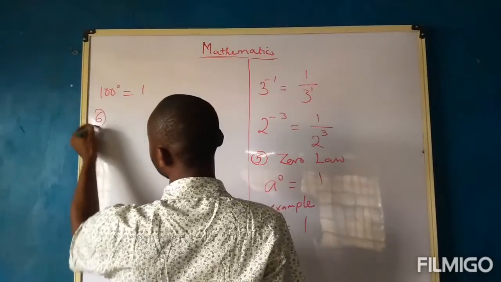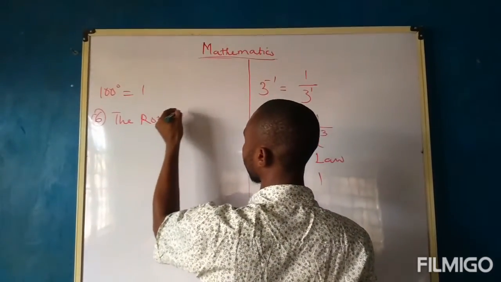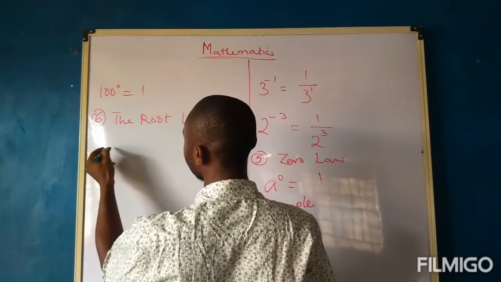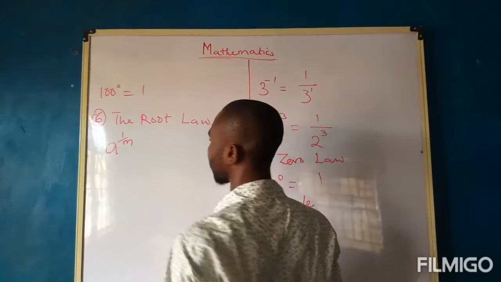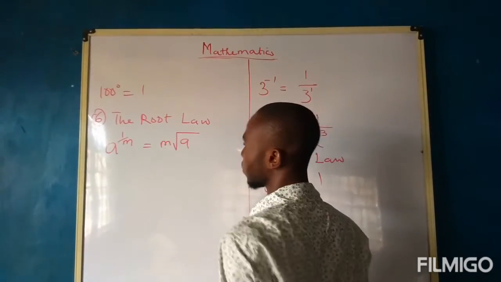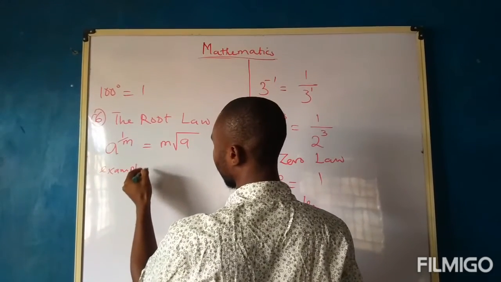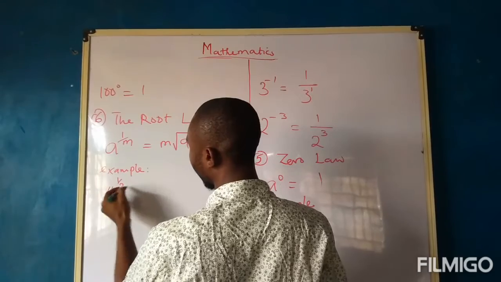Then the next law is the root law. This is an example of that. It means that a raised to the power 1 over m will be the m-th root of a. An example of that is when we have 4 raised to the power 1 over 2.